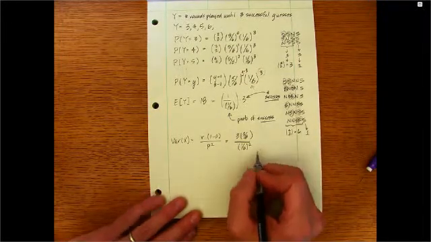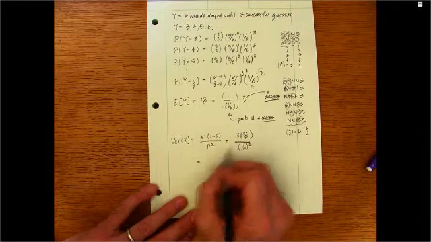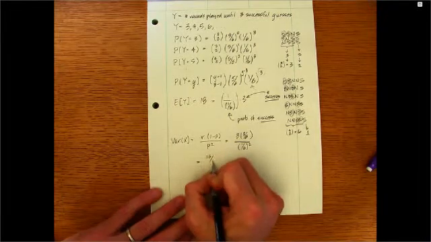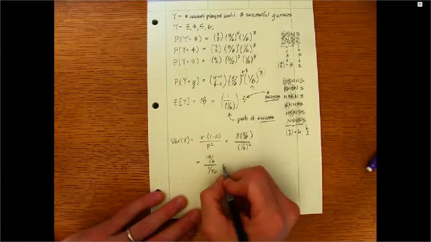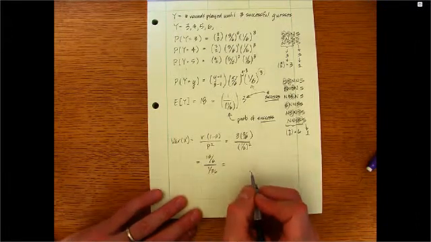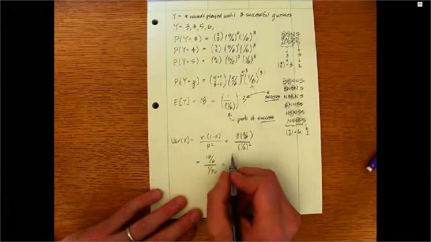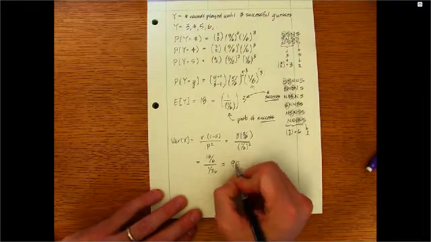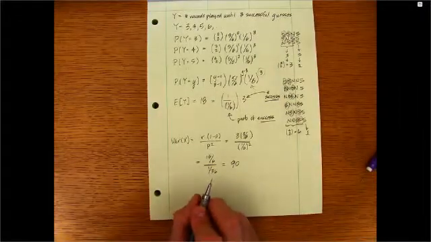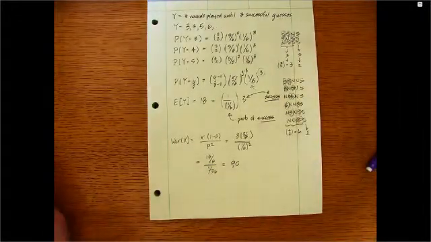Okay, so it turns out that that's equal to 15/6 all over 1 over 36, and what that ends up giving us is 6 times 15, which is 90, right? So 90 would be the variance of x.